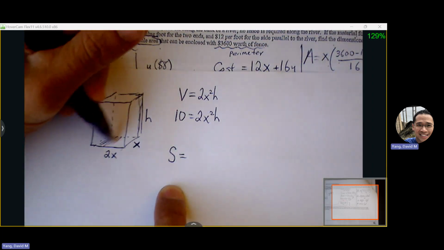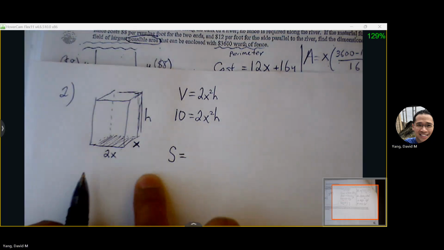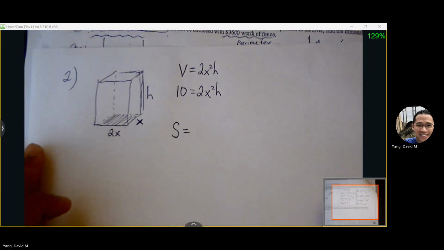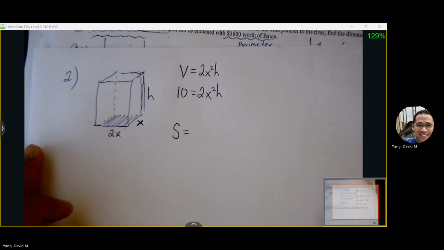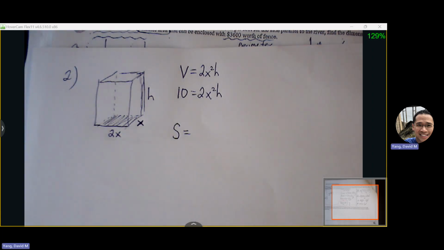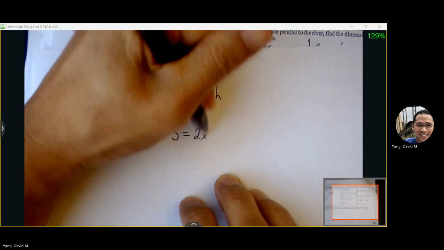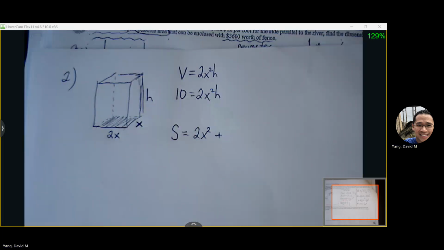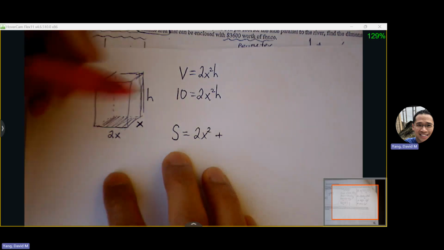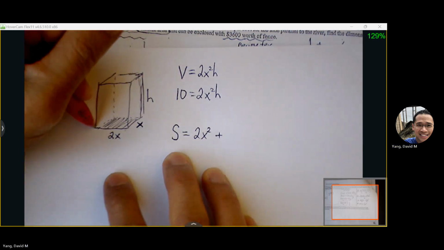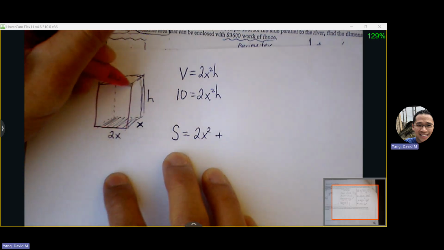What's the area of the base? What's the area of that rectangular base? 2x squared, okay. What about this larger side here, this front side here?